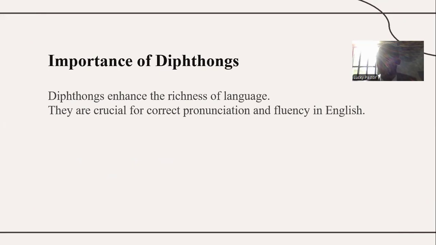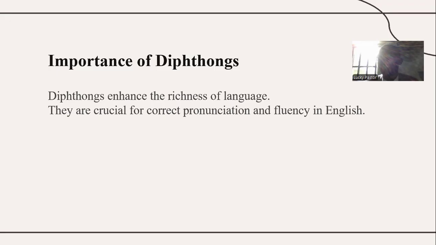One reason why they are important is that they enhance the richness of language. If you know how to produce your diphthongs well, you should be able to speak a language more accurately. Apart from that, they are crucial for correct pronunciation.